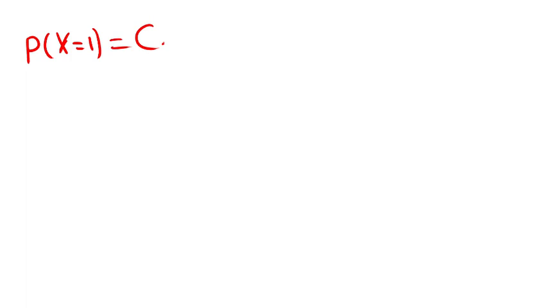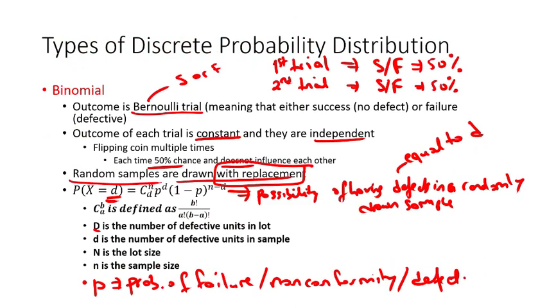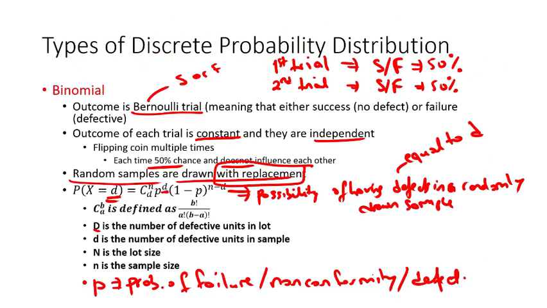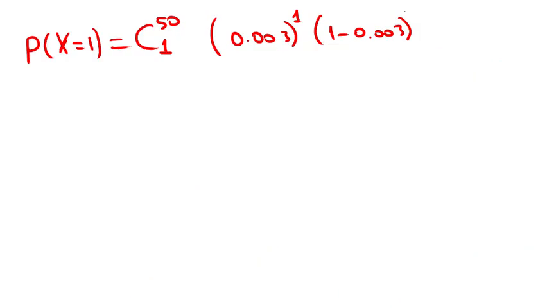1. So I will just select 1 out of 50, and then p is the failure, 0.003, to the power of D, which is 1, and then times 1 minus 0.003 to the power of N minus D, which is 50 minus 1.